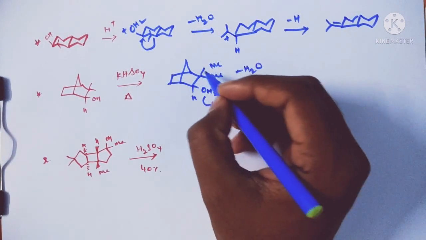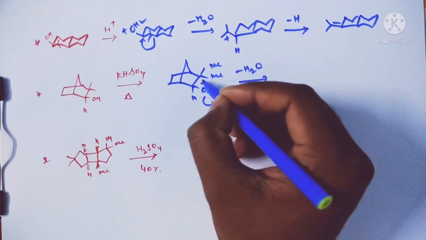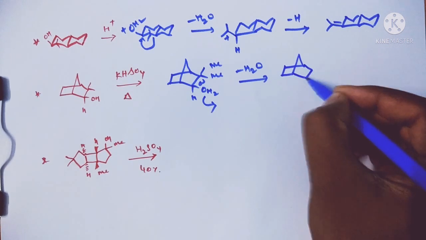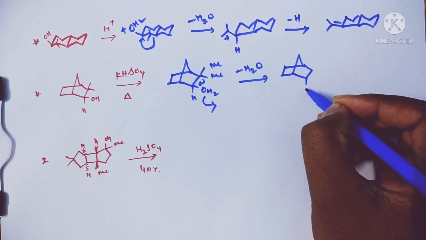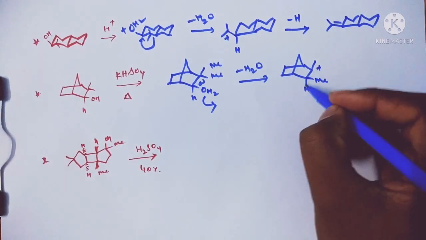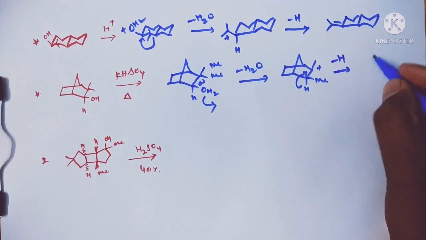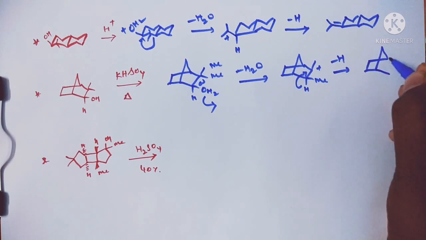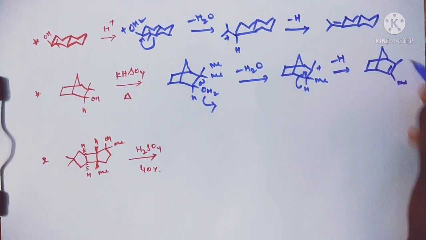At the same time, there is migration of the methyl group. Then elimination of hydrogen will give the alkene product.